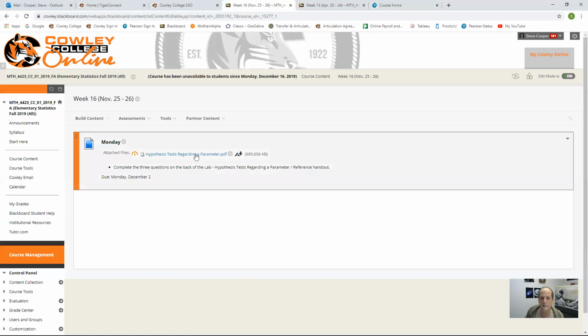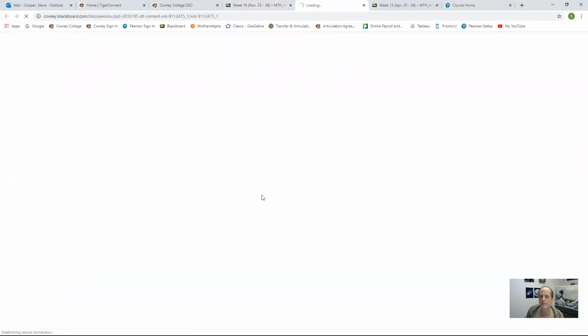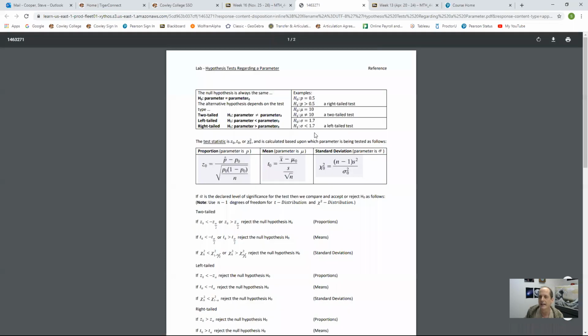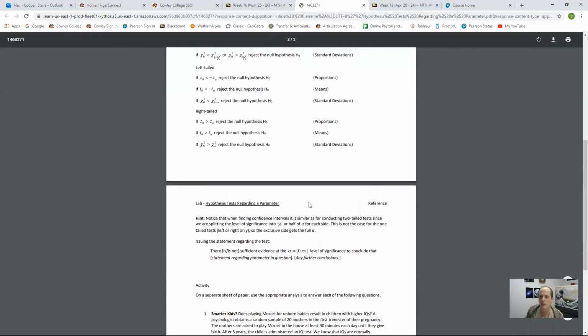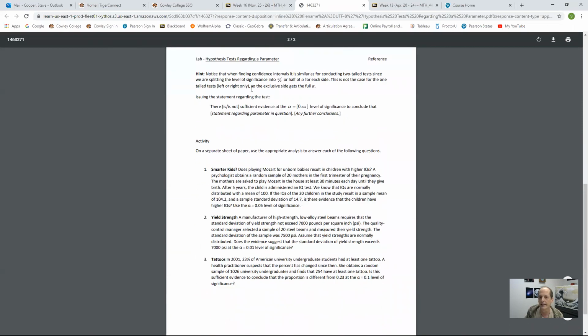Something I'll be distributing to you a little later is this PDF. It's nice because it bundles everything together into one concise package, and it includes the statement regarding the test. Once we get done, we're going to fill in the blanks here.